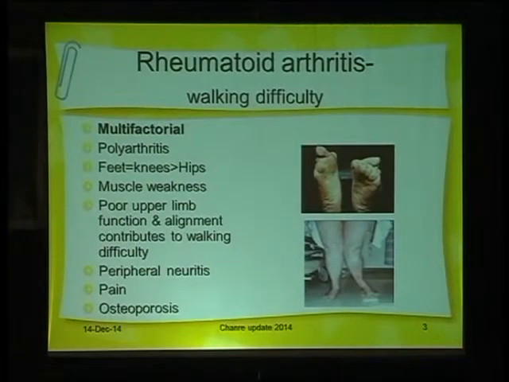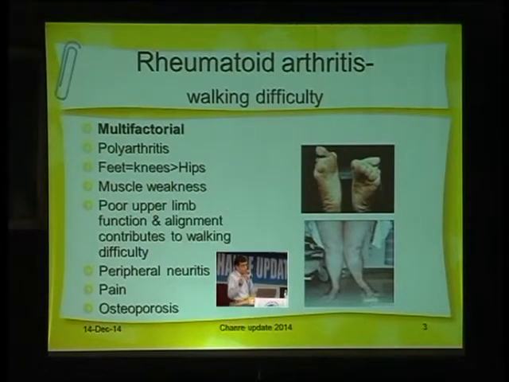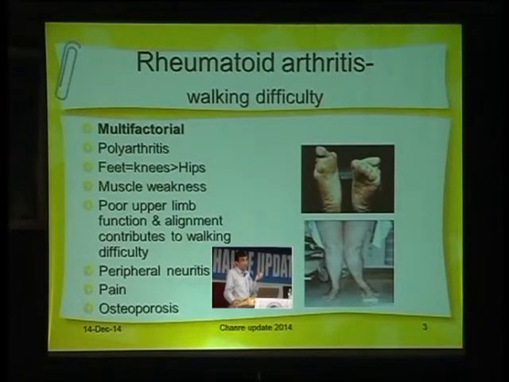And in rheumatoid arthritis particularly, the difficulty in walking is never due to a single factor, it is always multi-factorial. Arthritis can affect the metatarsophalangeal joints, which is one of the commonest joints to get affected in rheumatoid arthritis. Knees are also very commonly affected and hips rarely.